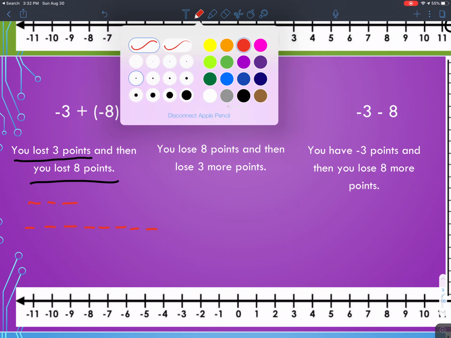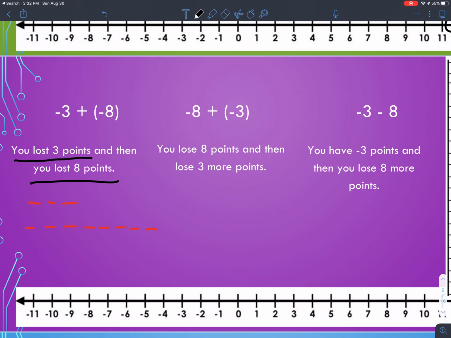And then once we have everything on the board, we know that there are no positives to cancel out. So we have 1, 2, 3, 4, 5, 6, 7, 8, 9, 10, 11. So we end up with negative 11 again, like our previous problem. We can rephrase this by saying we lose 8 points and we also lose 3 points.